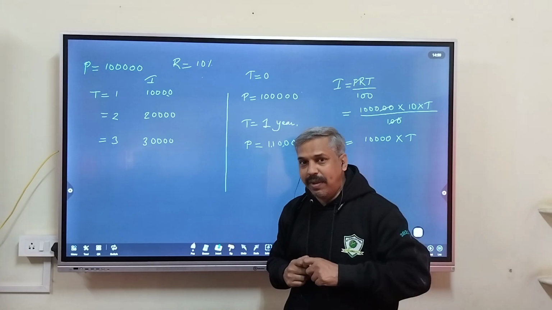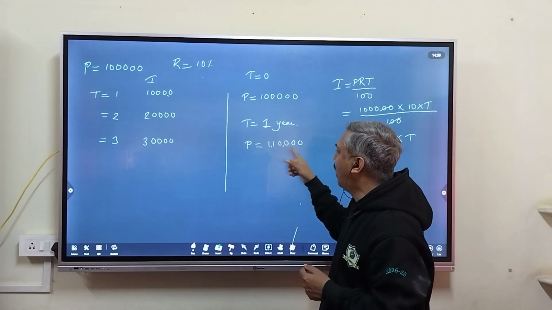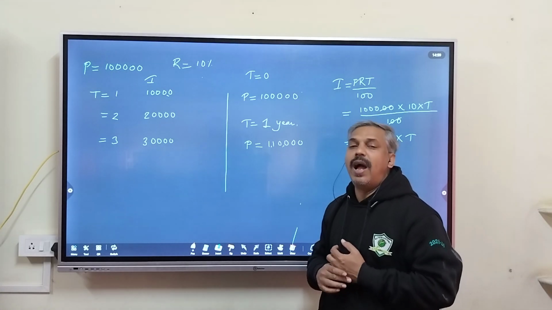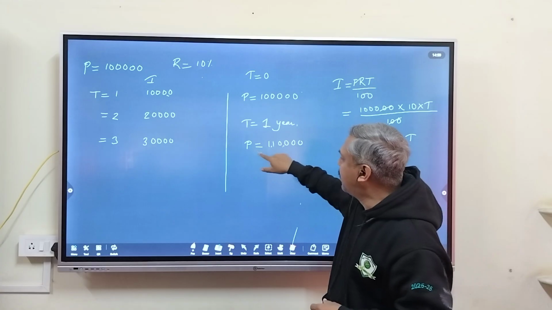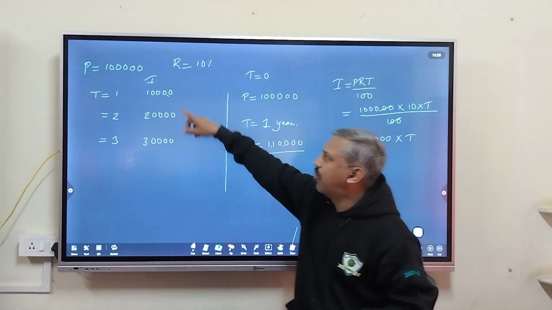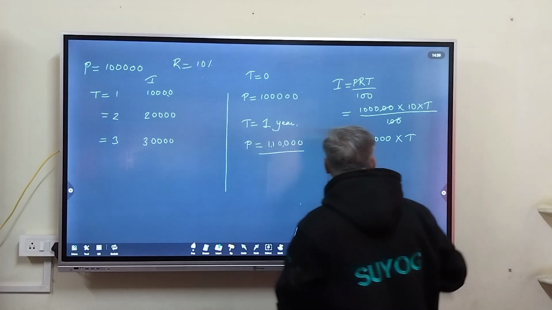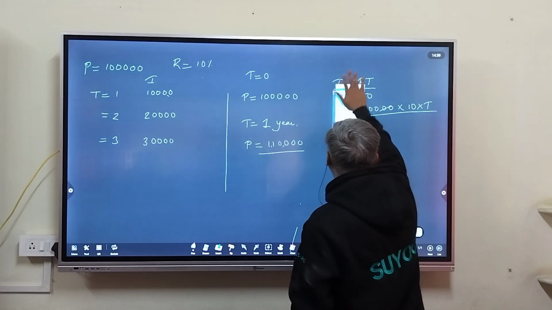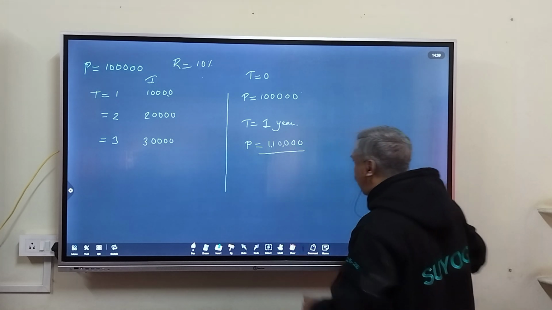So the total money after 1 year that is with me is 1,10,000. And in the next year, the interest will be charged on this amount, not 1 lakh rupees. So what will happen the next time is, the interest will be charged on this amount.